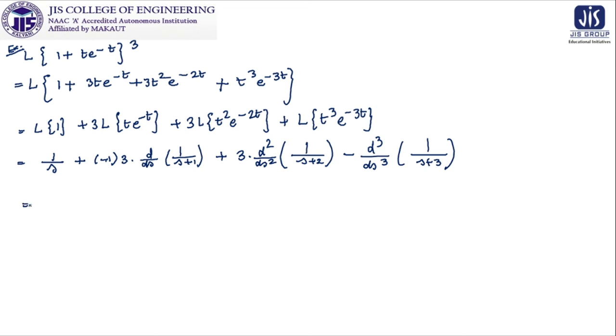So if this is clear, then only the last line is remaining, that is the differentiation of these terms. After differentiating, we get 3 by (s plus 1) whole squared, plus 6 by (s plus 2) whole cubed, plus 6 by (s plus 3) to the power 4.